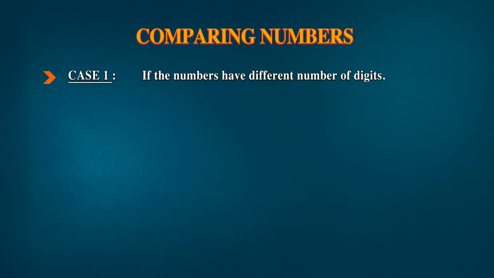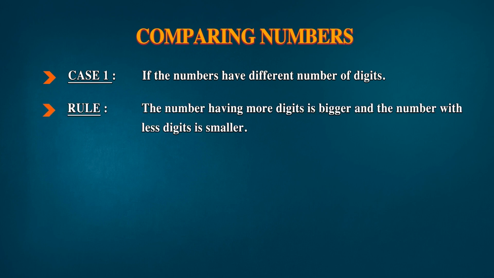Then in such cases, the rule is the number having more digits is bigger and the number with fewer digits is smaller. Like a 5-digit number is always bigger than a 4-digit number. A 6-digit number is always bigger than a 5-digit number, and so on.